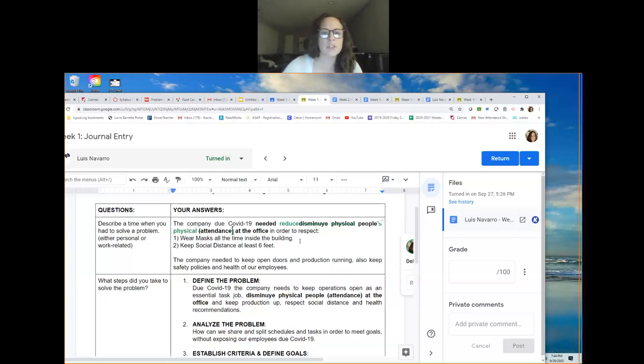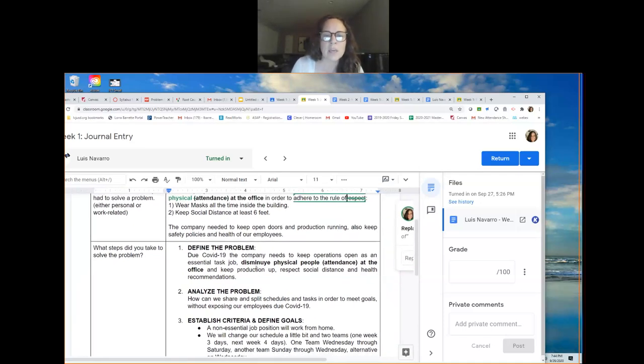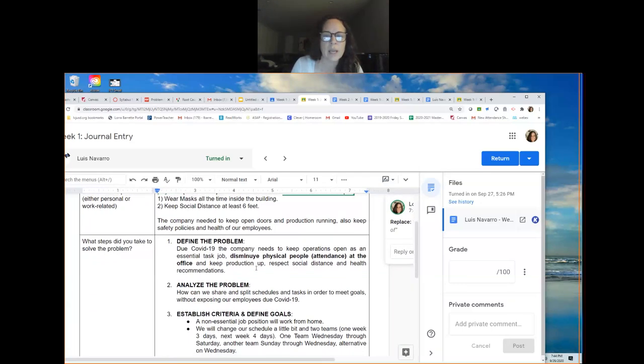In order to respect wearing masks all the time inside the building, keeping... instead of respect, I would say follow or adhere to. I'm going to say adhere to the rule of wearing masks all the time, keeping 6 foot distance. The company needed to keep open doors and production running and also keep safety policies.